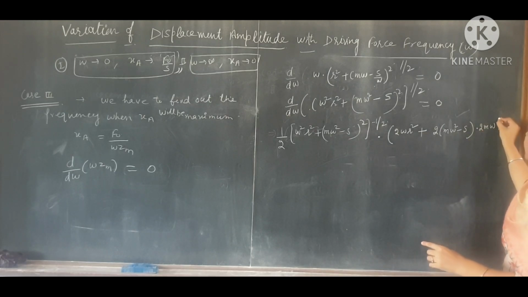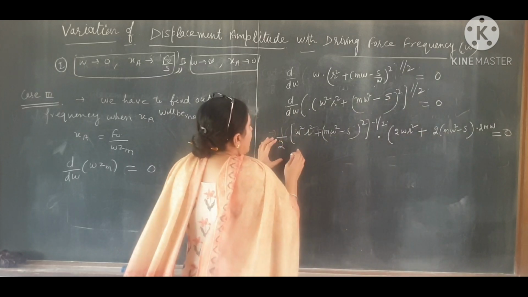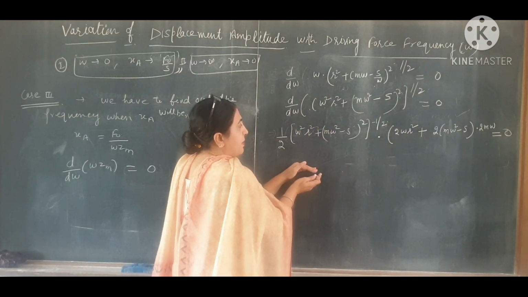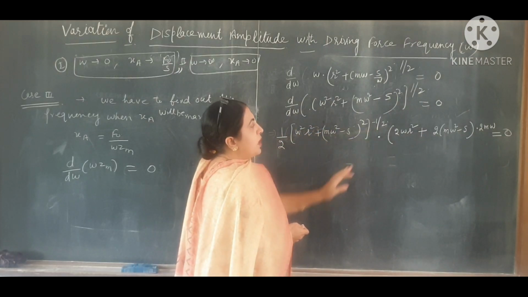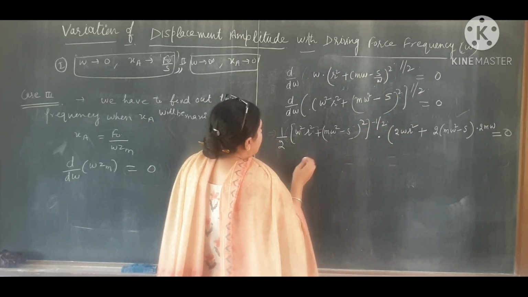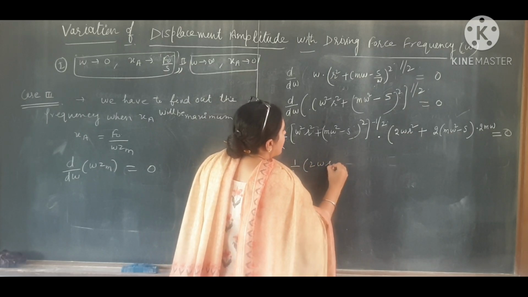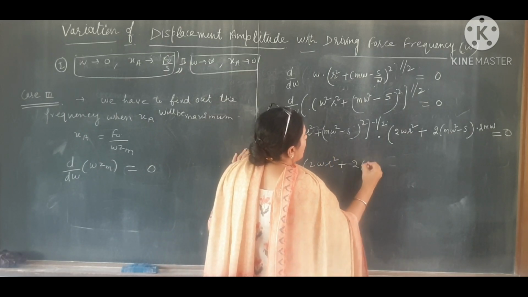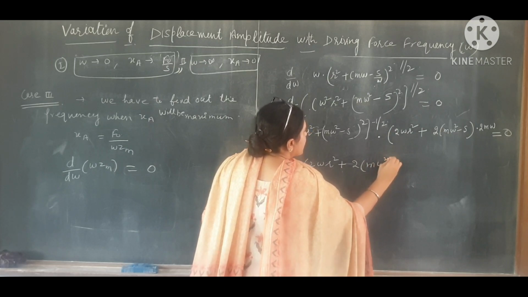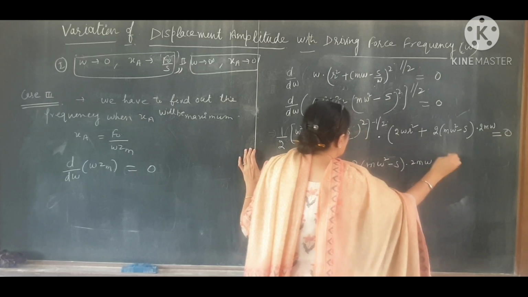So this is the derivative of the whole term, and this is equal to 0. Because of the minus 1 by 2 factor, we divide it away, and we get 2 omega r square plus 2 (m omega square minus s) into 2 m omega equal to 0.